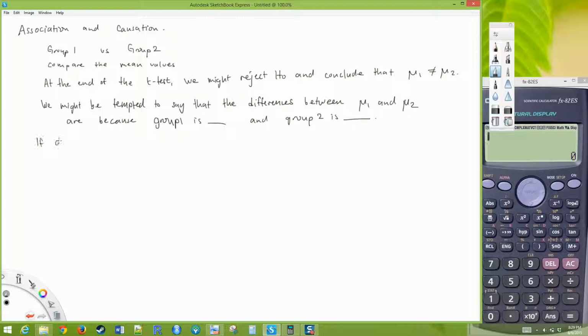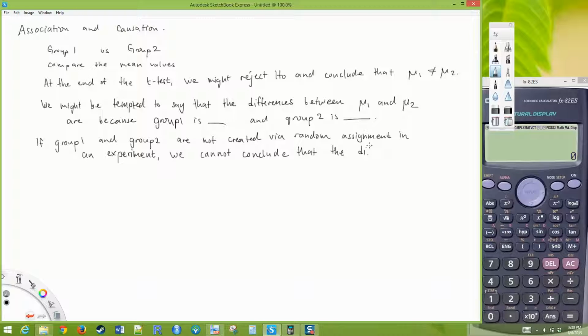So if group 1 and group 2 are not created via random assignment in an experiment, we cannot conclude that the differences between group 1 and group 2 are responsible for the difference between mu1 and mu2.